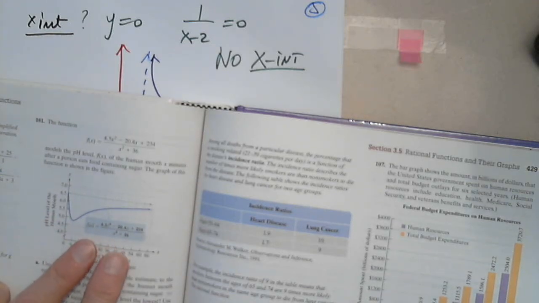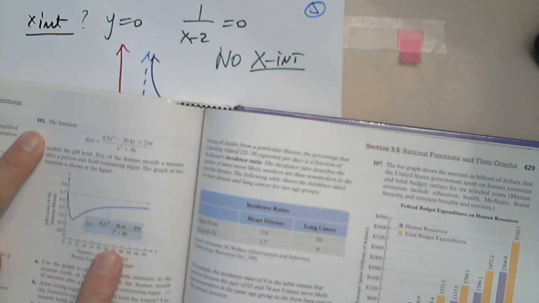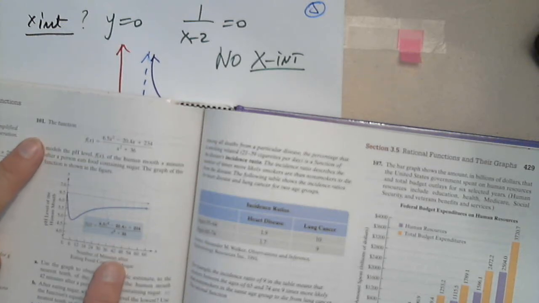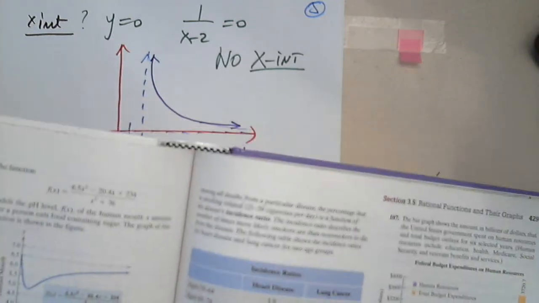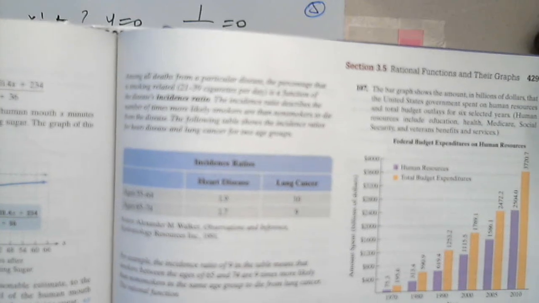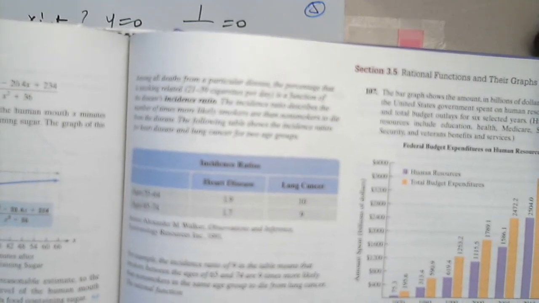It's problem 101, page 428. I can see it, it's just a little blurry. Is this better?